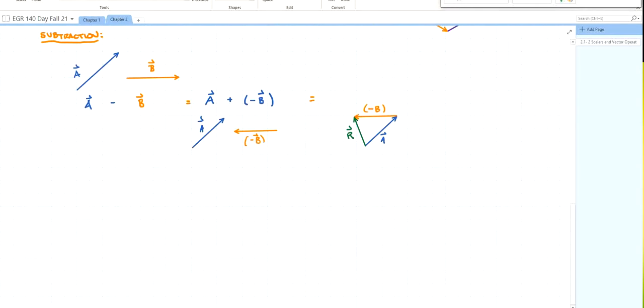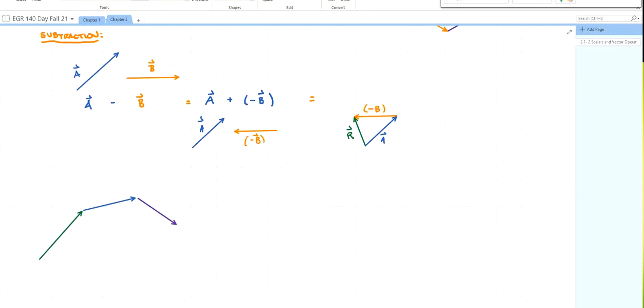We can perform operations on multiple vectors. So let's see, we have that one. Then we're going to add to that this one, and then we're going to add to that this one, and I guess we'll stop there.